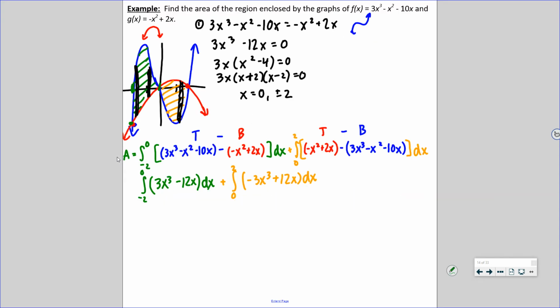Okay. Antiderivatives. This would be 3/4 x to the 4th minus 6x squared, similar, negative 3/4.